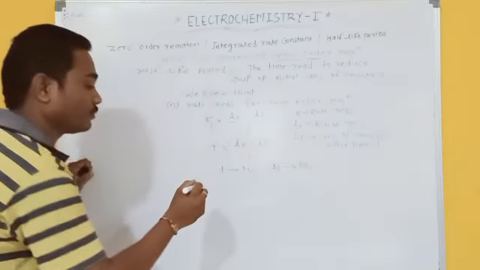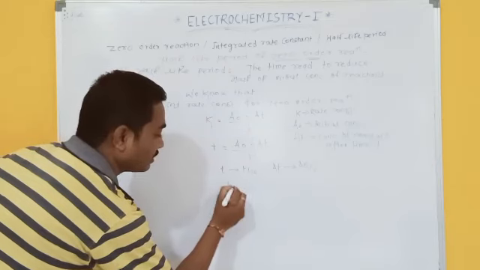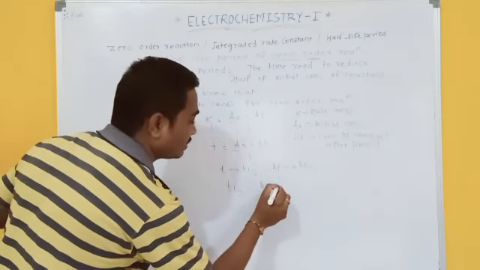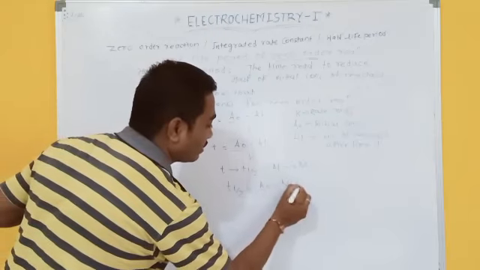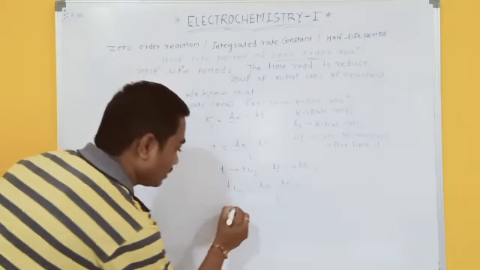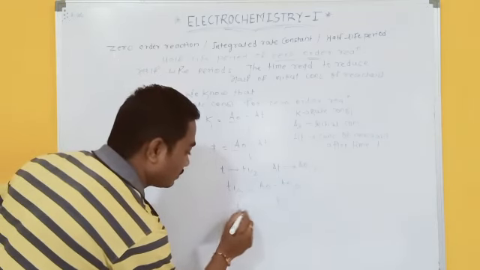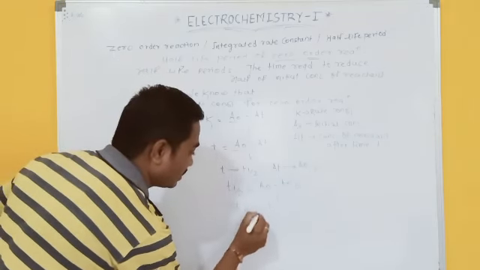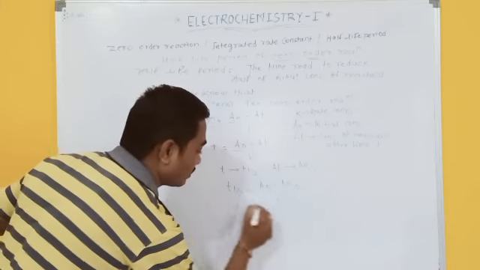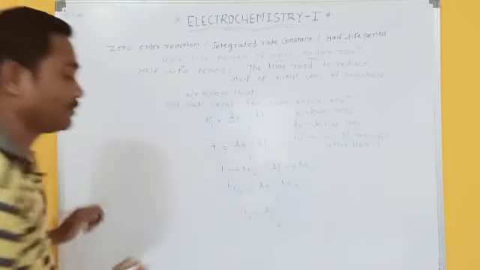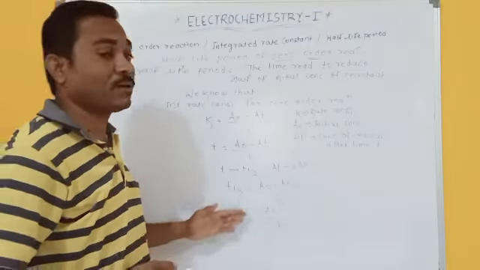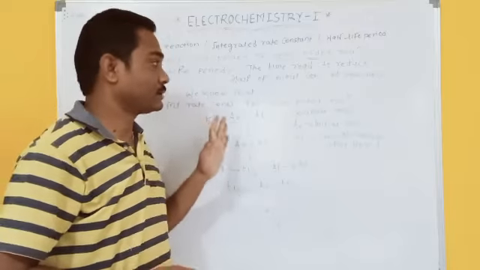Now put this value in the above equation: t half is A0 minus A0 by 2 divided by k. T half is equal to A0 divided by 2k, which is the required equation for the half-life period of zero order reaction.